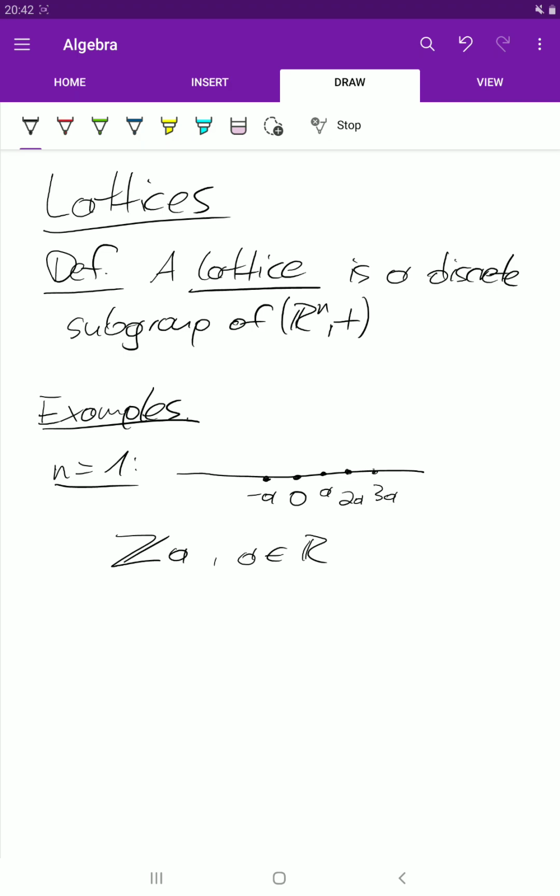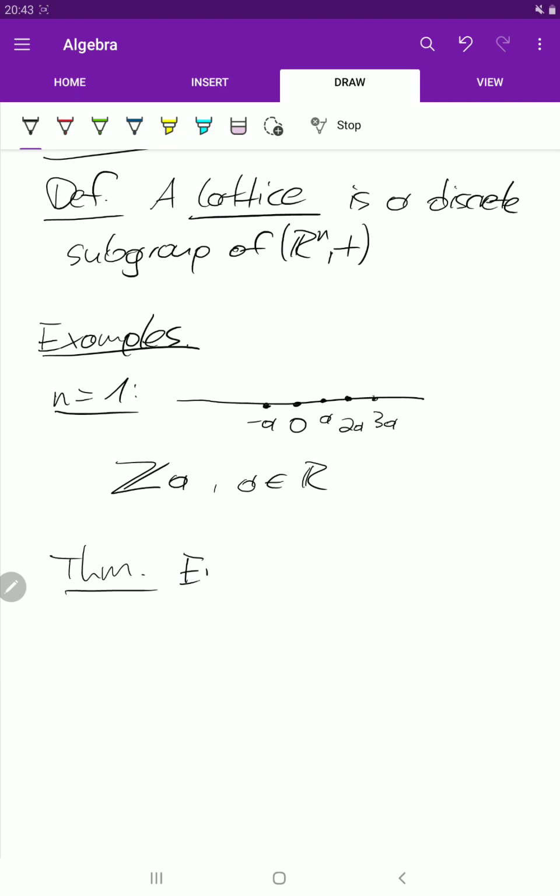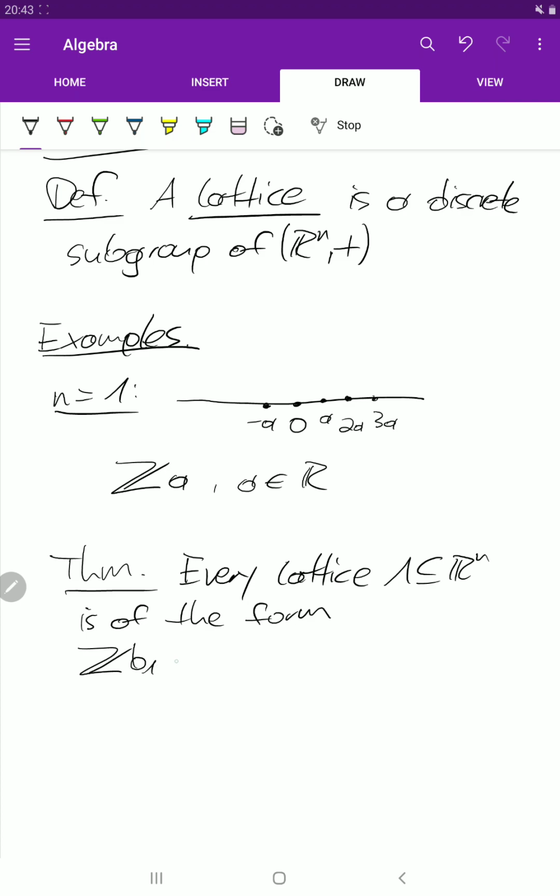In fact, these are all lattices, so we'll see later that we can write, and in a later video I'll just state it, every lattice, let's call it lambda in Rn, is of the form Zb1 plus and so on, Zbk with k at most n, and the bi linearly independent.